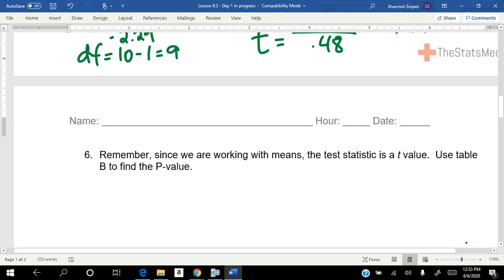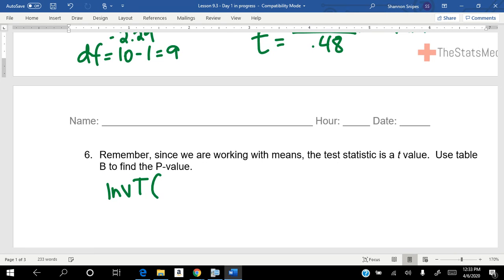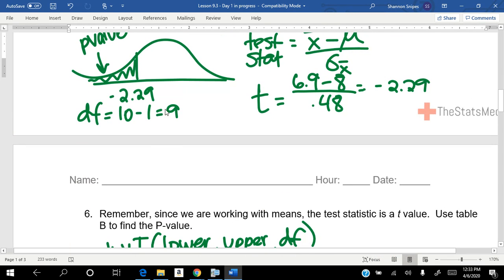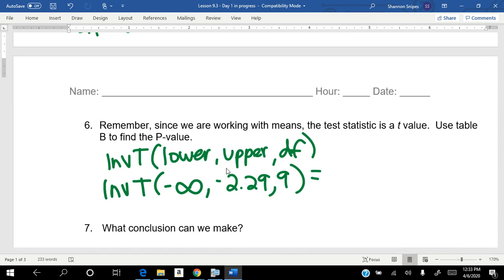So let's find our p-value. You're welcome to use table B, but most of you are going to use inverse t: lower, upper, degrees of freedom. So inverse t, lower was negative infinity, upper was negative 2.29, degrees of freedom are 9. Remember, our test statistic is right here, negative 2.29.